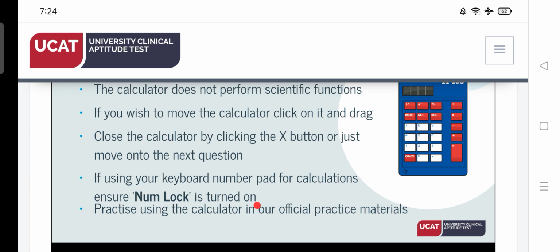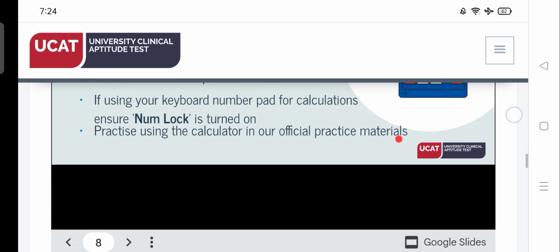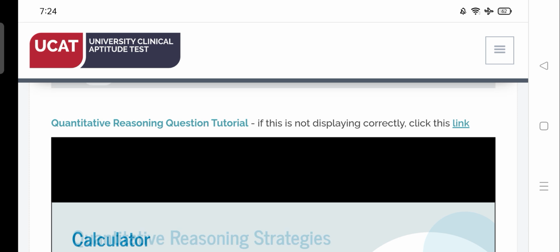But you have to make sure that numlock is turned on whenever you use your calculator to start your calculations. Practice using the calculator in our official practice materials. So we will practice the calculator in our practice question tutorials. Then we will become master of the calculator and how to use it.